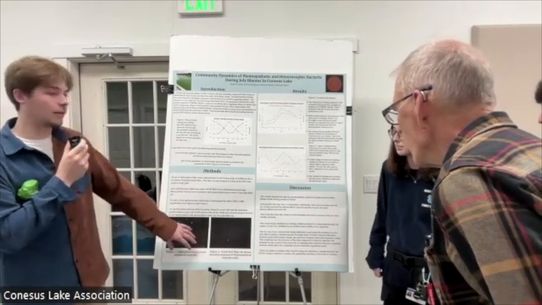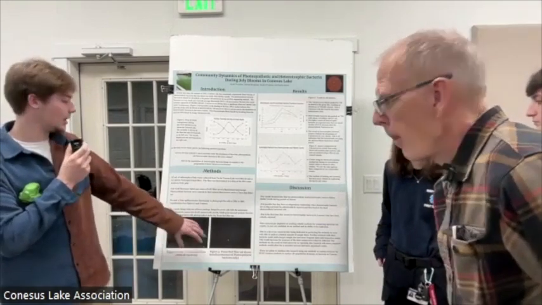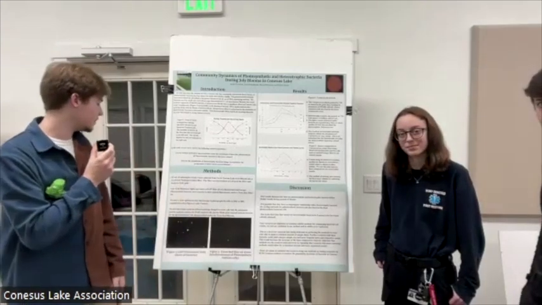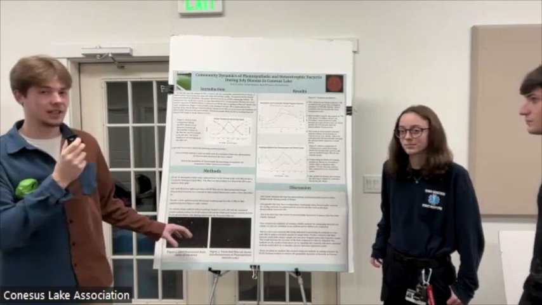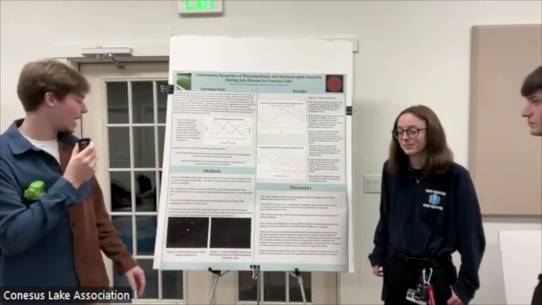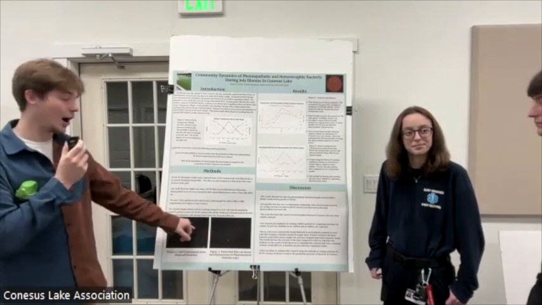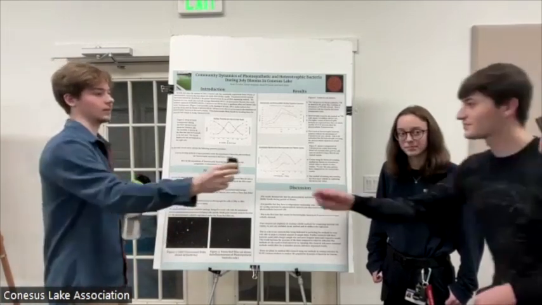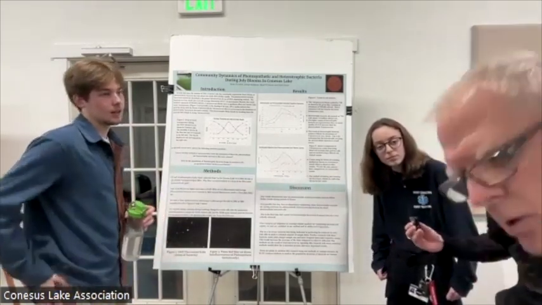And so under some filter sets, you can see all of the different bacteria, and then with other ones you see just the photosynthetic bacteria. And we were able to take pictures of those and then use imaging software to count how many cells there were in each picture.